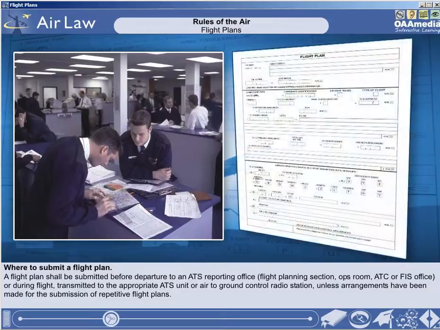A flight plan shall be submitted before departure to an ATS reporting office, Flight Planning Section, Ops Room, ATC or FIS office, or during flight, transmitted to the appropriate ATS unit or air-to-ground control radio station, unless arrangements have been made for the submission of repetitive flight plans.